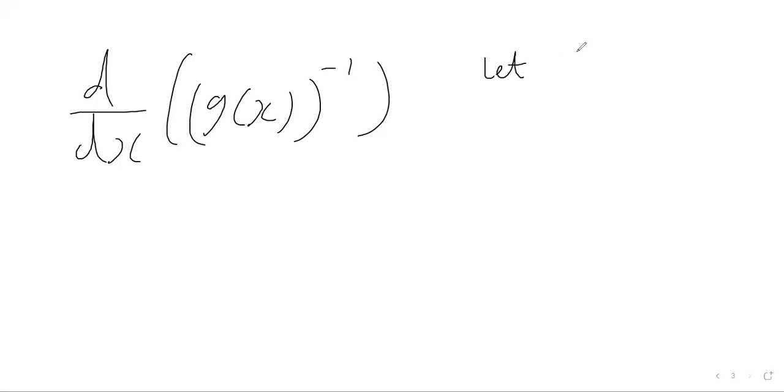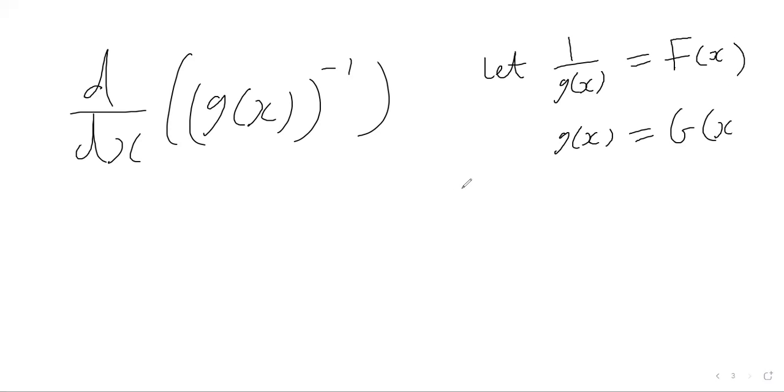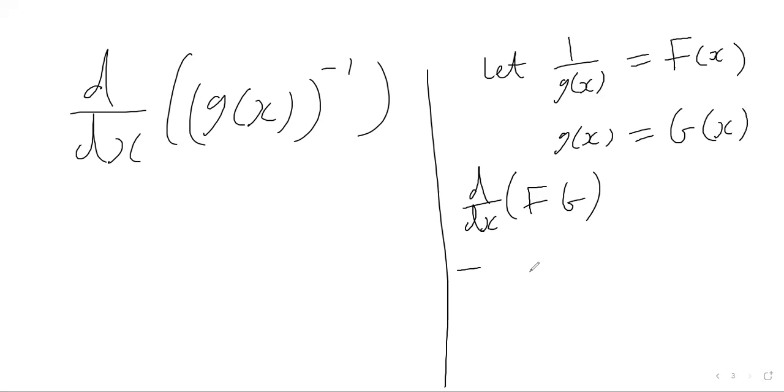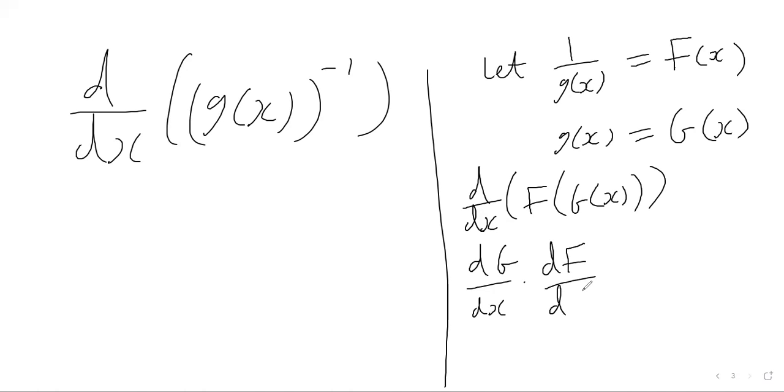So if we let 1 over g of x equal capital F of x, and if we let g of x be capital G of x this time, then we know from the chain rule that when we differentiate f of g of x, the function of the function, with respect to x, what we're going to get is the derivative of g with respect to x multiplied by the derivative of f with respect to g.